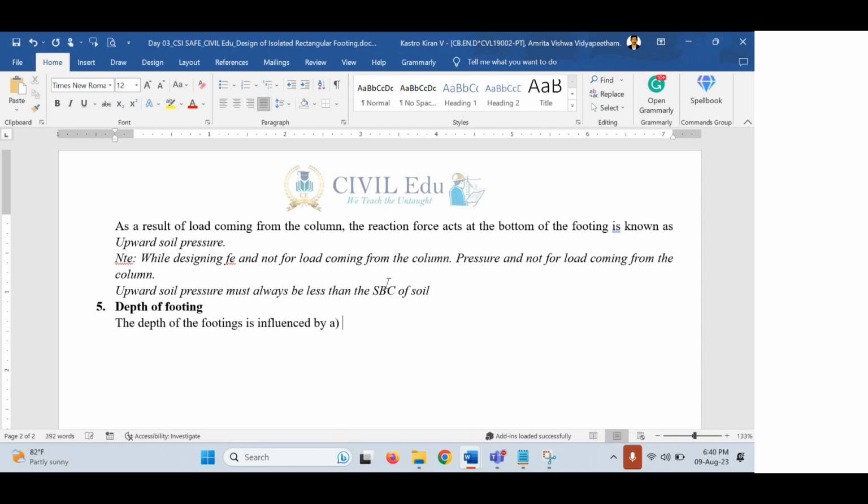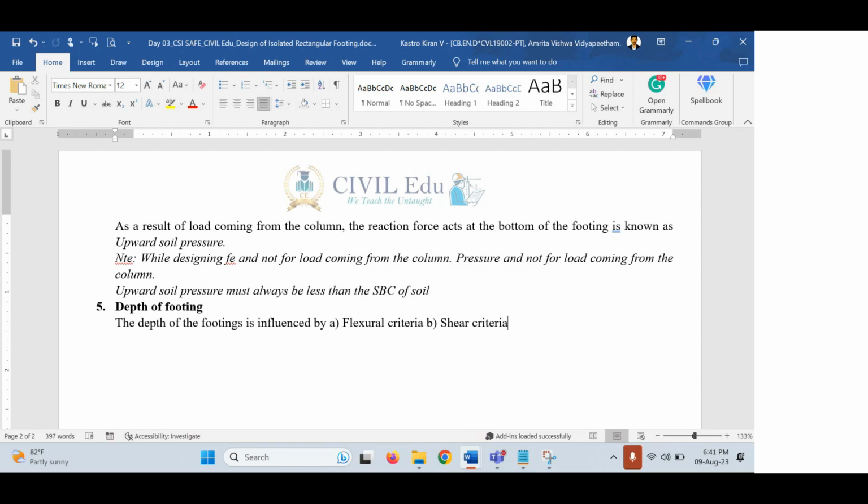The first is called flexural criteria, and the second is called shear criteria. These two are very important, not just in manual design, but in software design also.